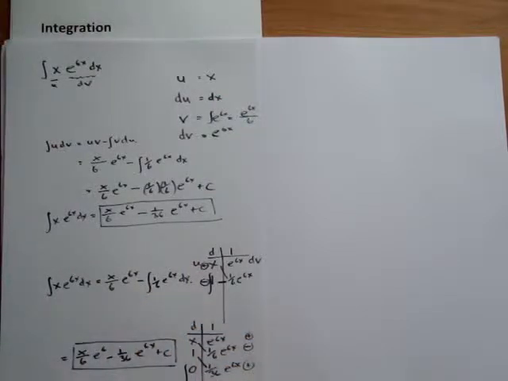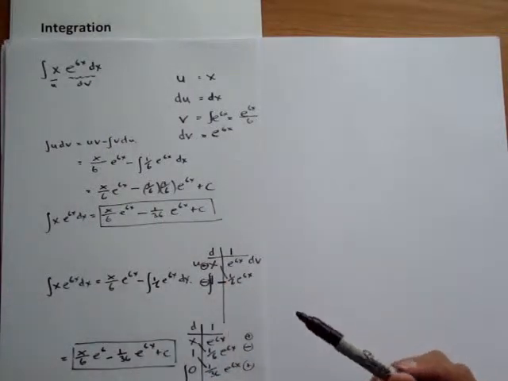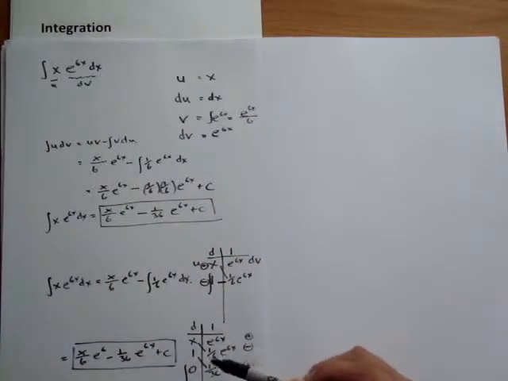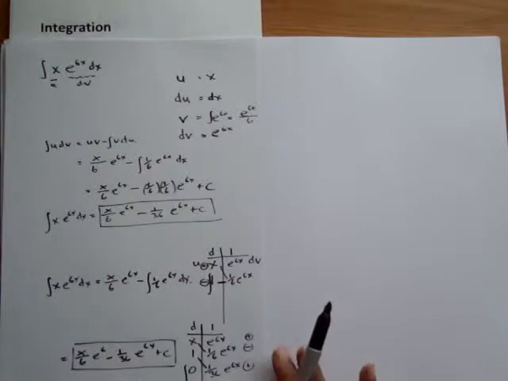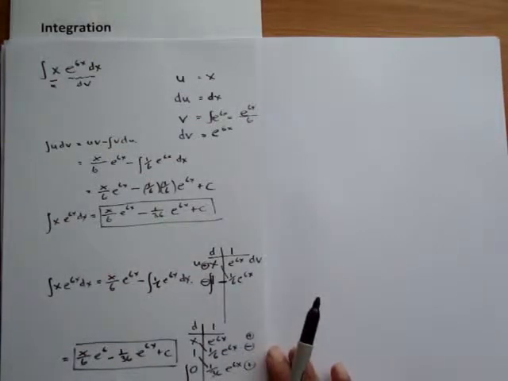And that is our answer. So as you can see, that is the same as that answer, and this is a far easier way of doing our integration by parts. So I think that's the one we're going to use for our problems.